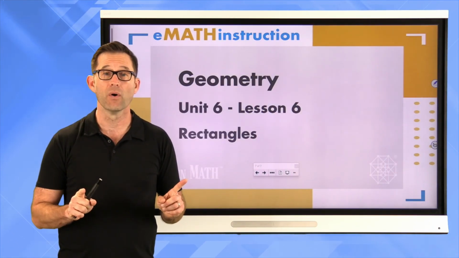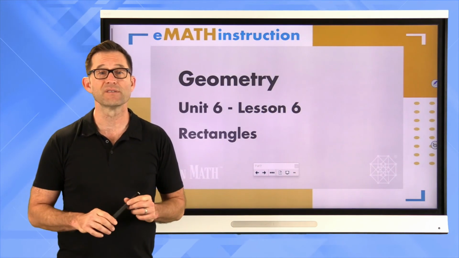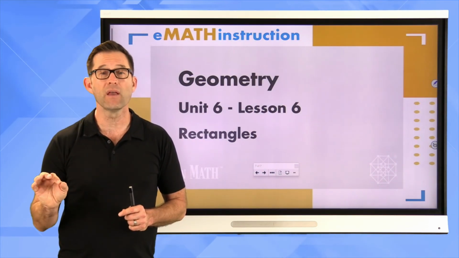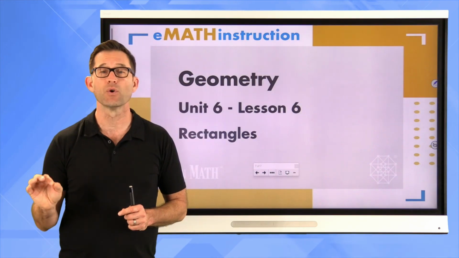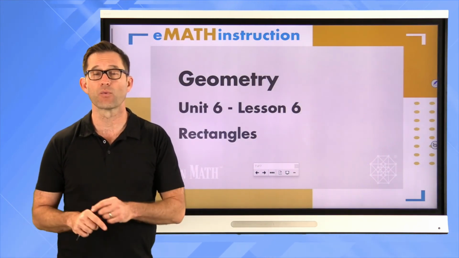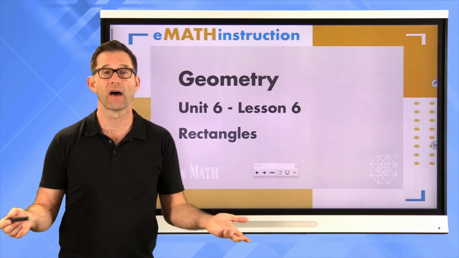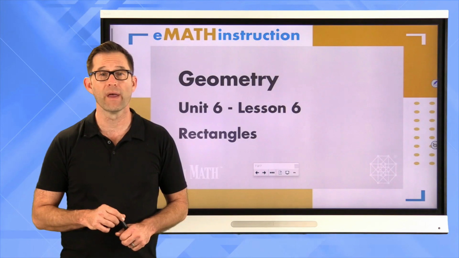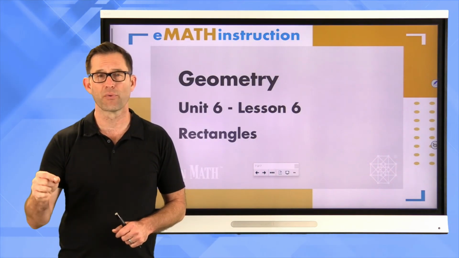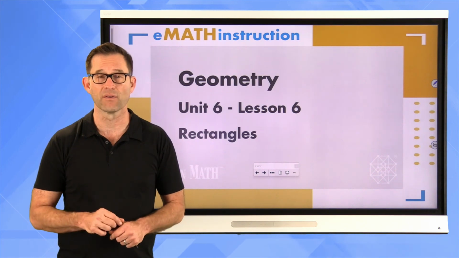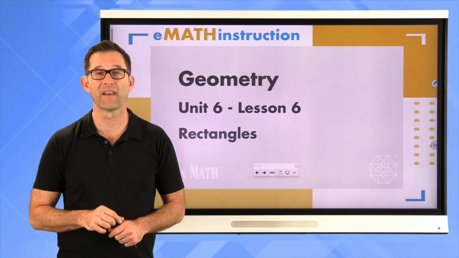We also saw, though, that it was sufficient to simply prove that a parallelogram that has equal or congruent diagonals will be a rectangle. So that's one way of proving that something is a rectangle without having to show that it's got 4 right angles. On the homework, you're going to explore another few ways to prove that something is a rectangle without having to prove it's got 4 right angles. But I'll let you do that on the homework.